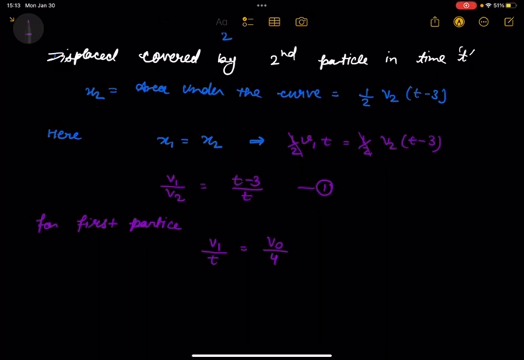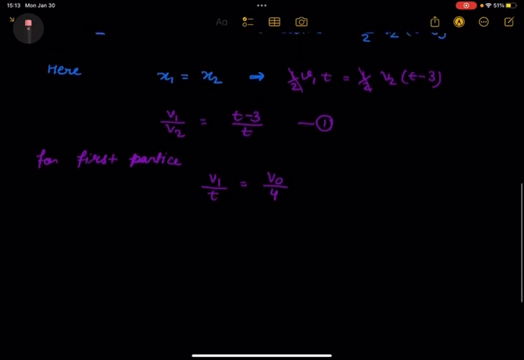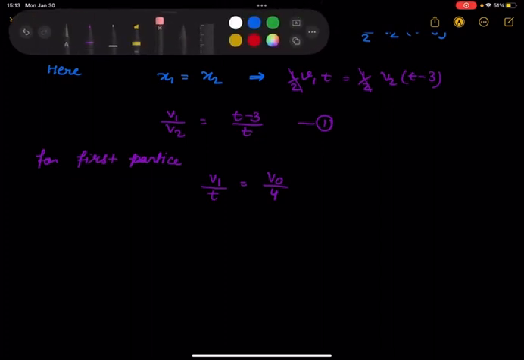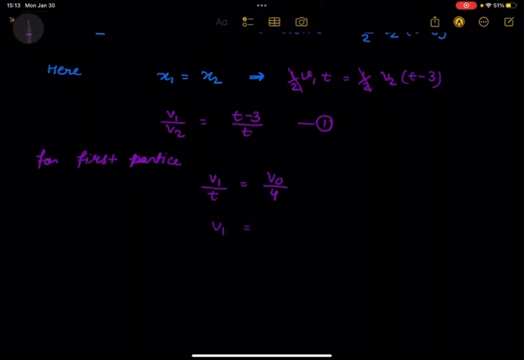Let's assume v naught is the velocity. So the value of v1 is v naught t by 4. This is equation number 2.